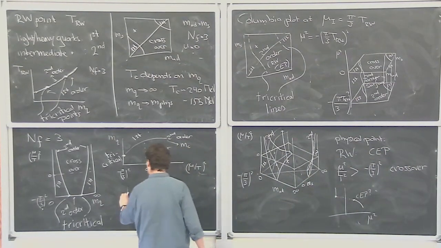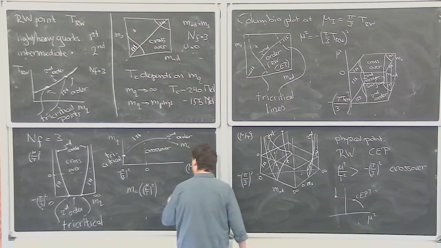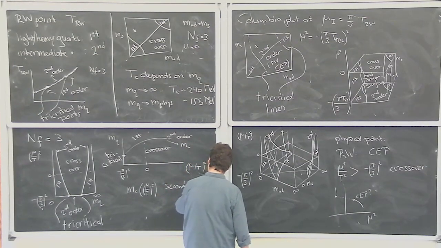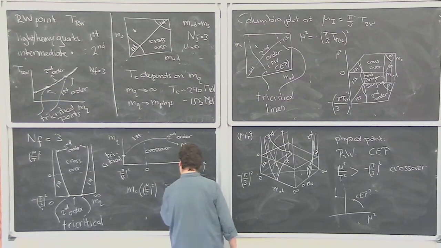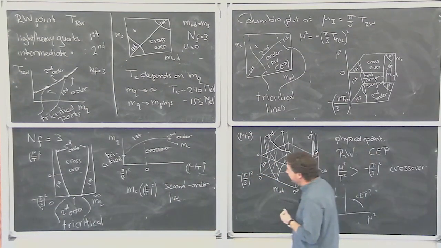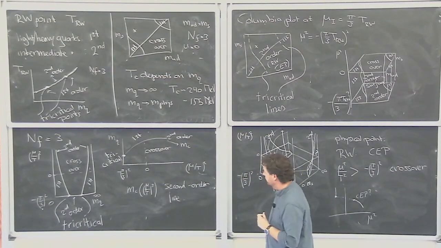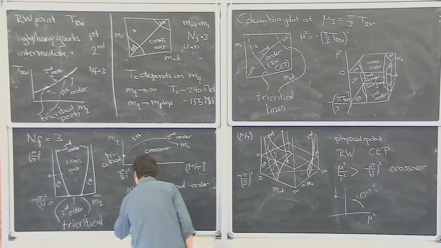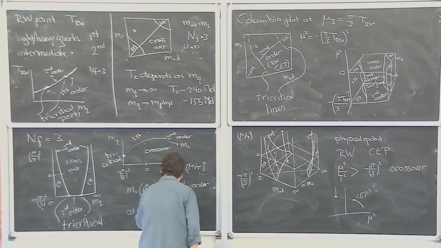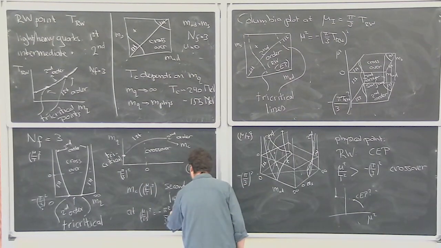So m_c as a function of mu over T squared indicates the second order line. Now what's interesting is that this line actually starts at a tricritical point for this particular value of mu. So at mu over T squared equal to minus pi squared over 3 squared, it's a tricritical point.